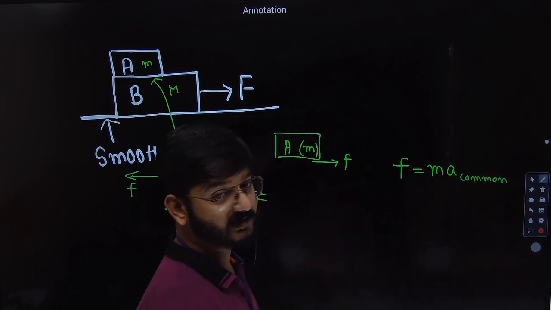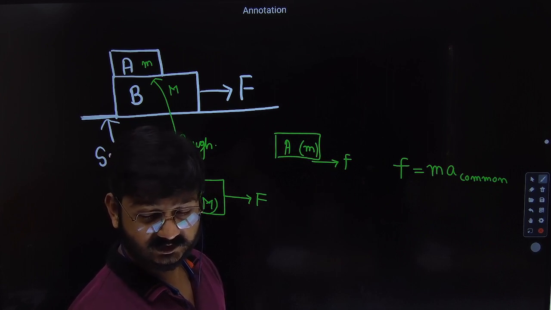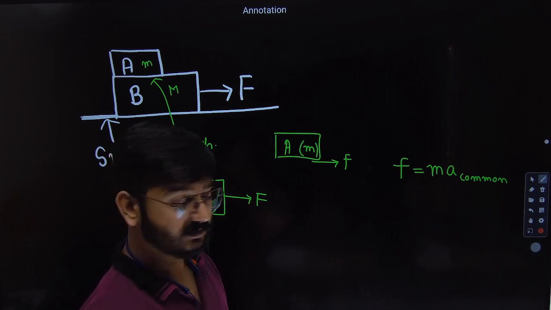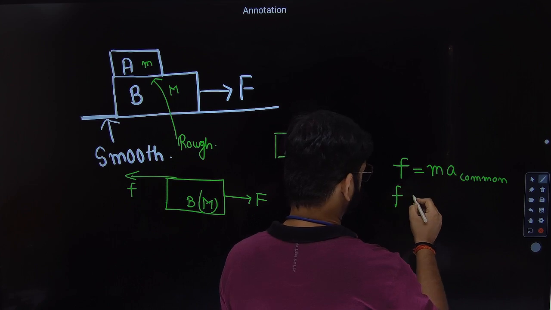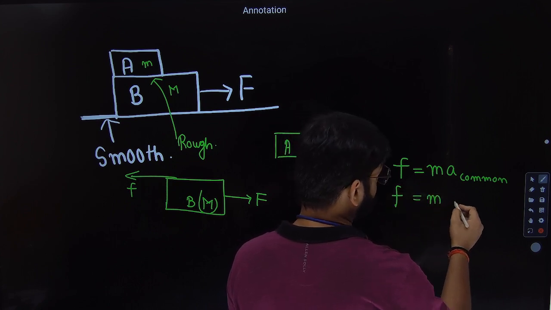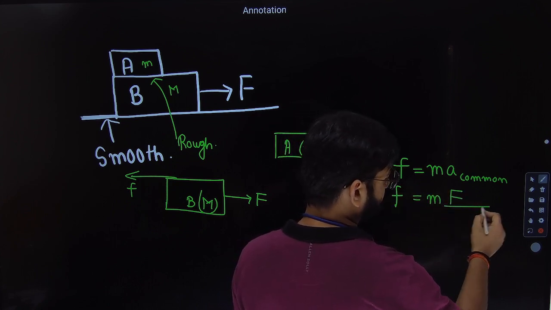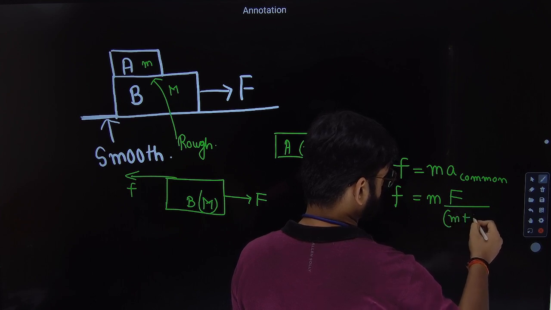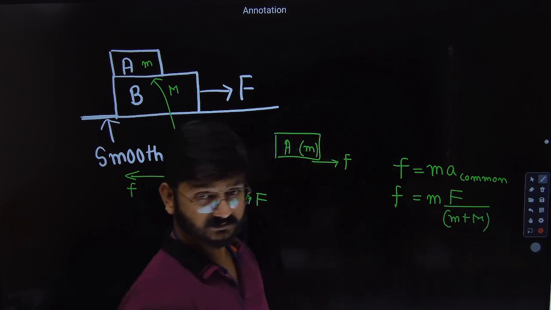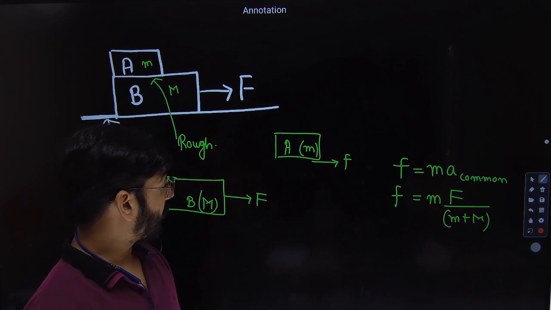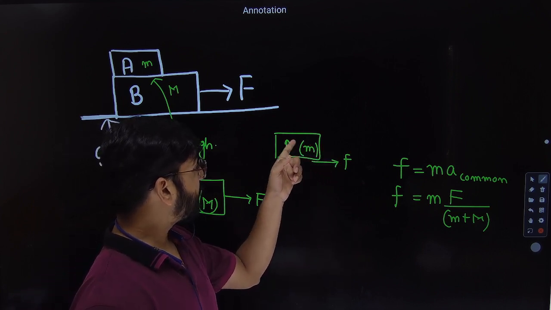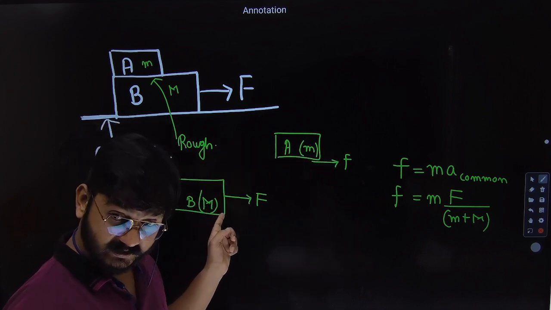Common, because we are assuming that both of them are moving together. That's the basis of our calculation. So what is common acceleration? Net force divided by total mass. Clear? Now, this force is moving A along with B.